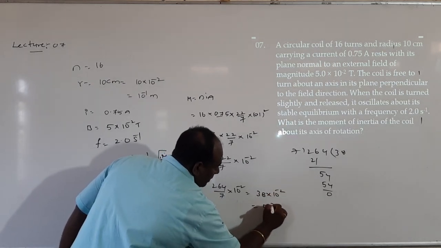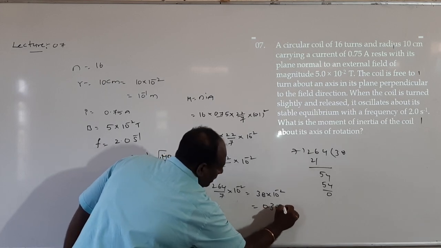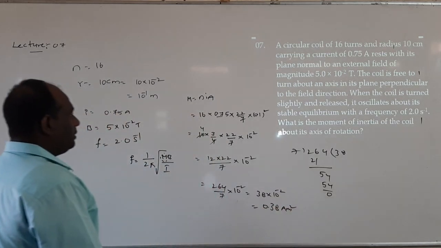You will get 0.38 ampere meter square. This is the value of m that I got.